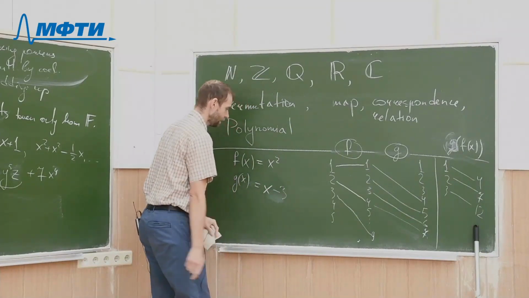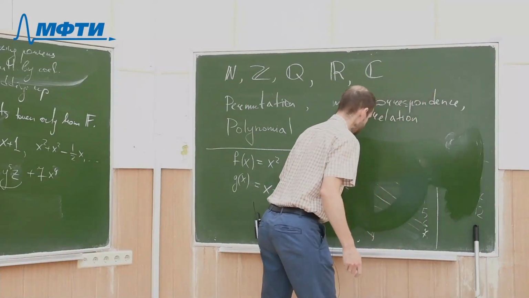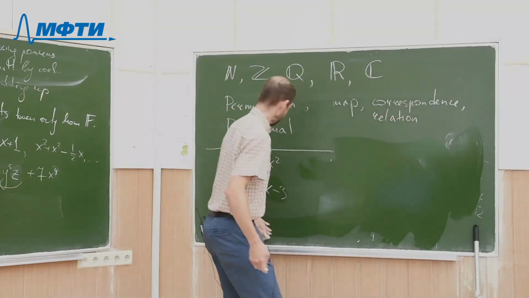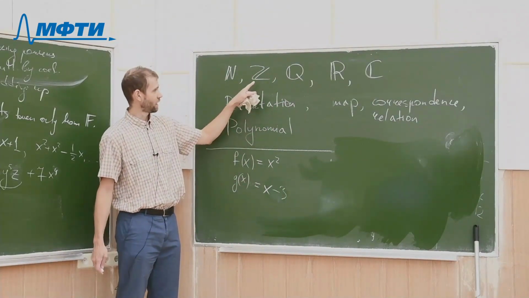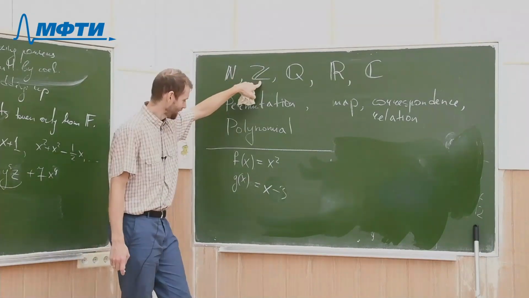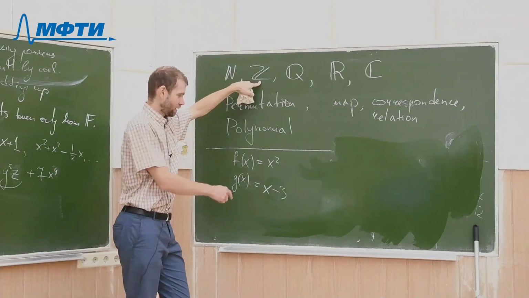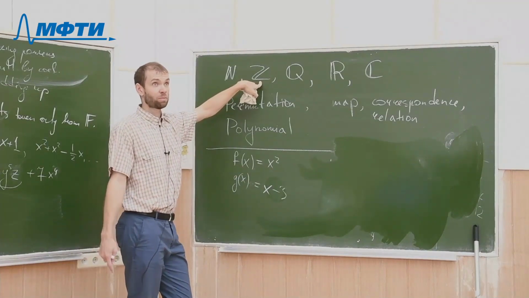Now, if you consider this one, then this is a genuine operation on, say, integers, because you can always subtract 3 from an integer and get an integer, but not necessarily a positive one.